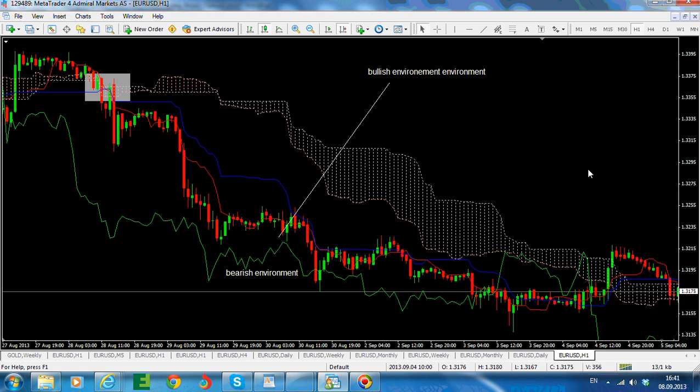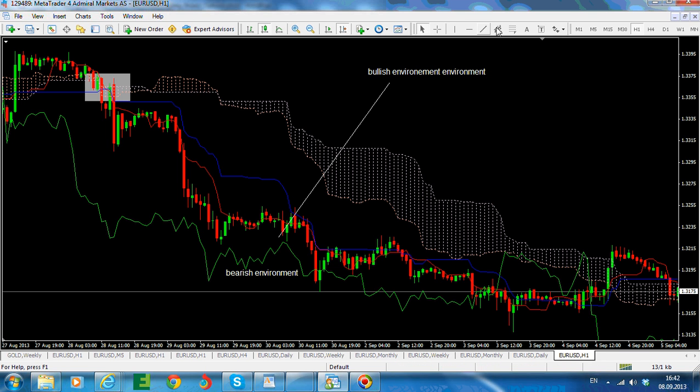basically it has 5 different obstacles to be crossed, or to be left behind. And the first obstacle in front of the Chikou is the price.